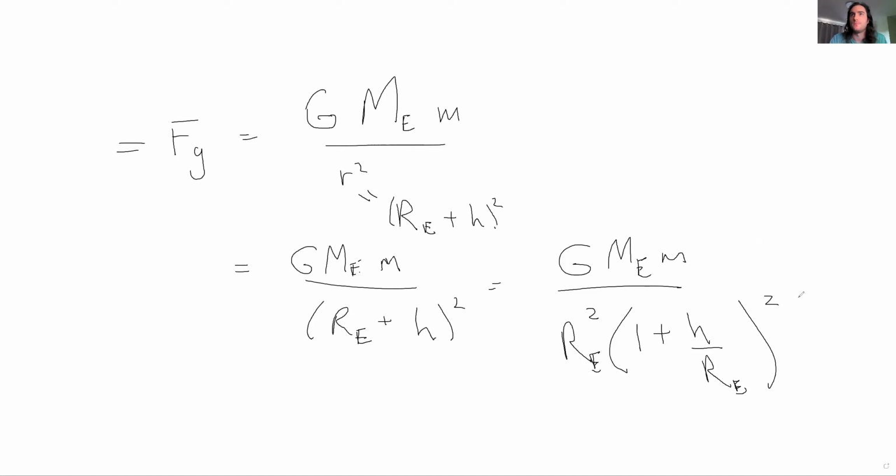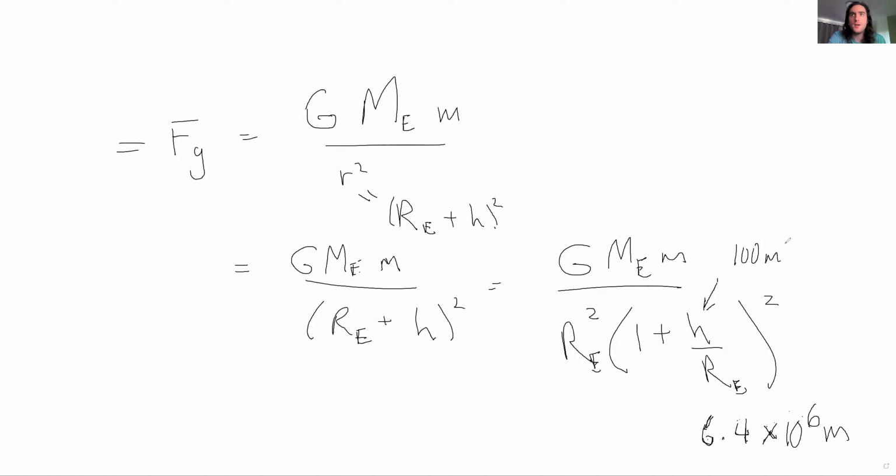Give me a thumbs up. Yes. Okay. If the radius of the Earth is 6.4 times 10 to the 6, sorry about the mouse, meters, 6.4 million meters, and h is 100 meters, what is this number approximately?